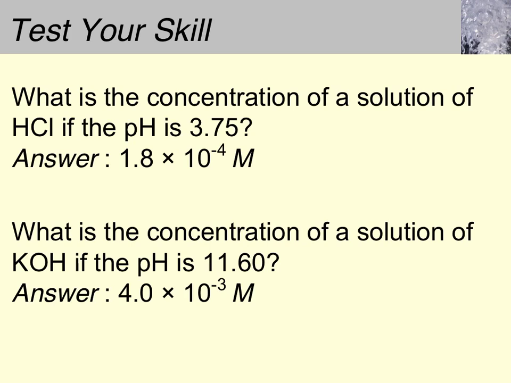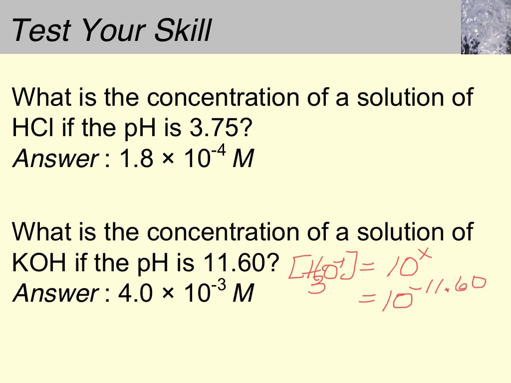So working out this second one, the first step is, excuse me, finding the concentration of hydronium ion from the pH. And I have a 10 to the X button on my calculator. So I would use that 10 to the X button, and you put in X as minus 11.6.